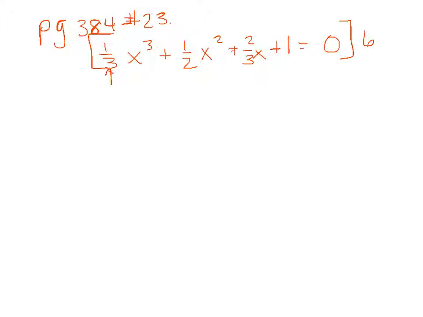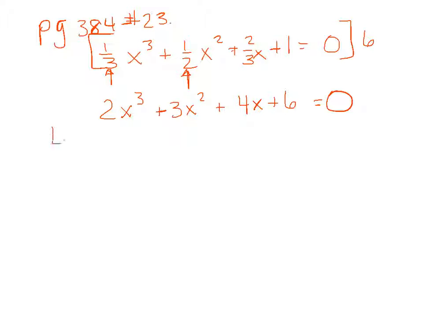Because I had a 3 in the denominator and a 2, that least common denominator will be 6, and I want to lose the fraction. When I do that, I get 2x cubed plus 3x squared plus 4x plus 6 is equal to 0. And now you can see things are going to be a little simpler for us because I don't have to deal with the fractions anymore.